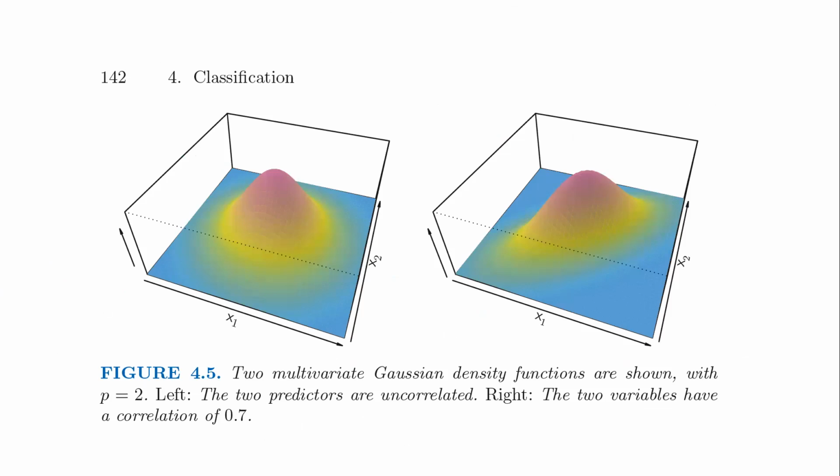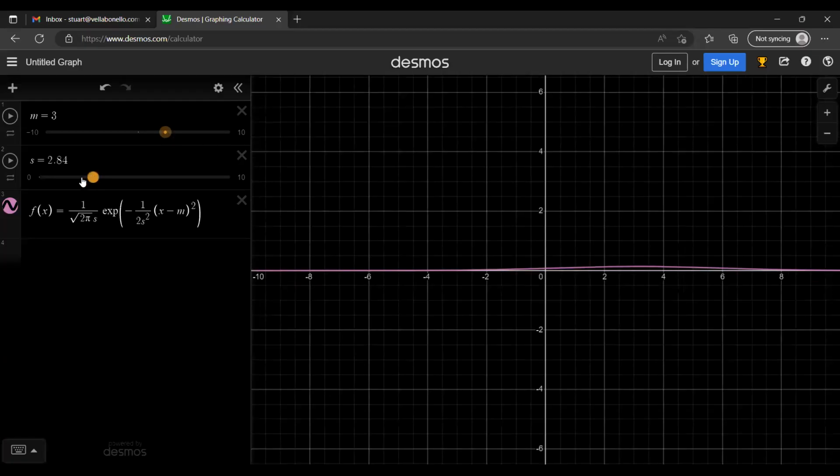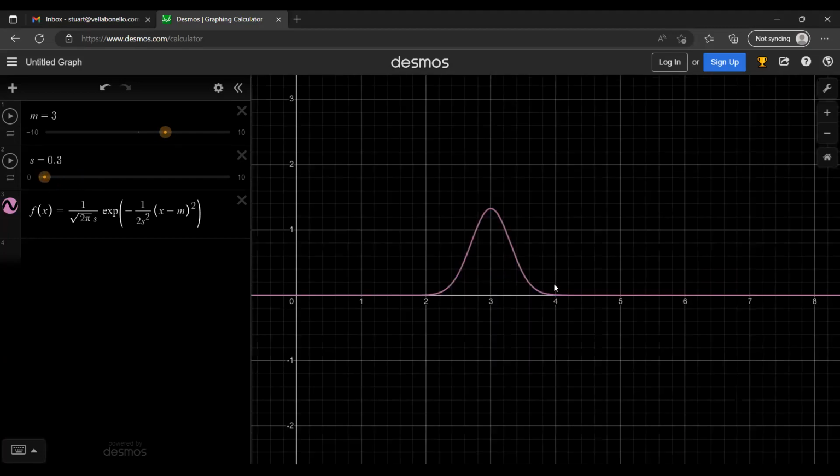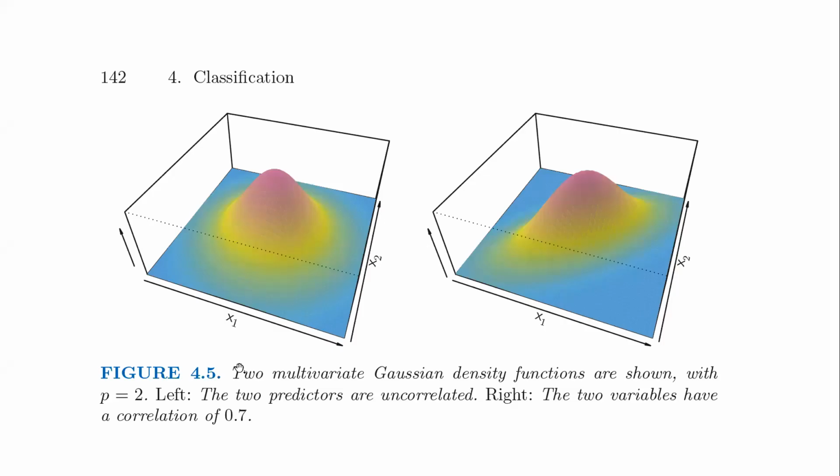The technical word is multivariate. Instead of a curve, it's now going to be a surface or higher dimensional object. And we'll stop over here.